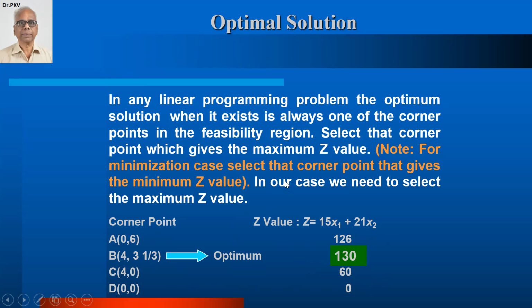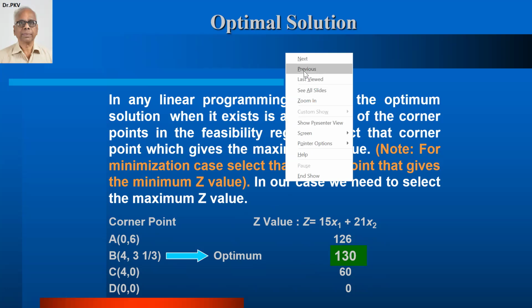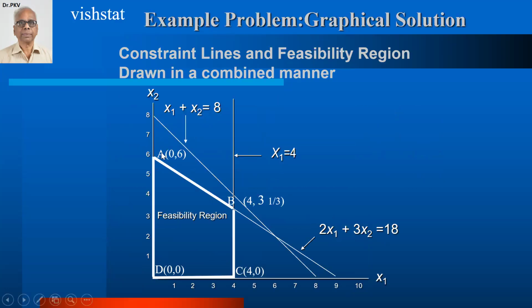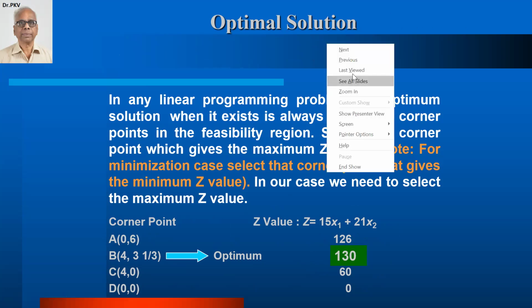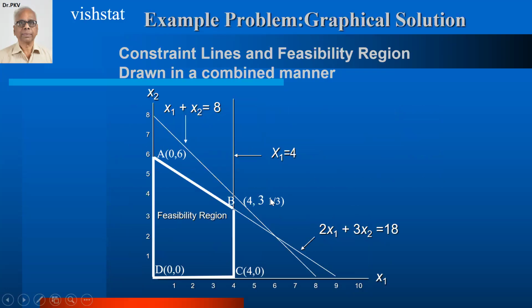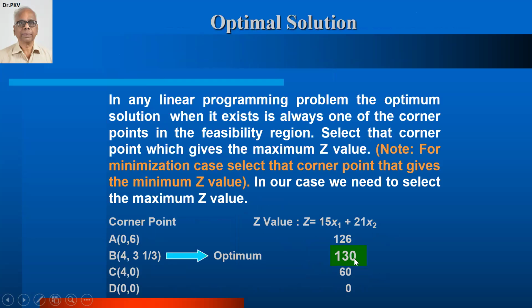Take corner point A, 0, 6, substitute in the objective function Z is equal to 15x1 plus 21x2, you get 126. Corner point B, 4 and 3 and 1/3, you get 130.